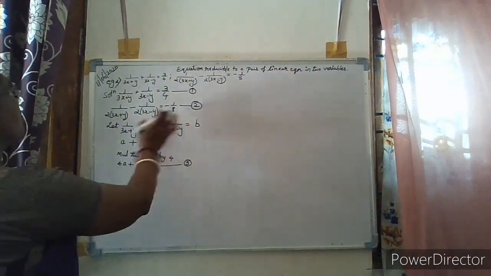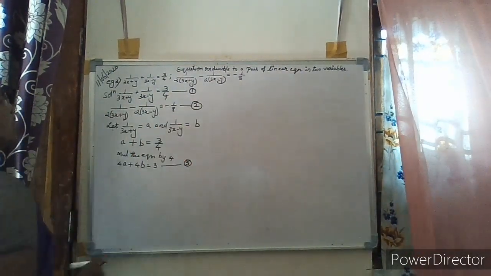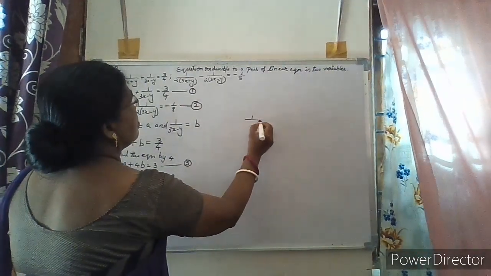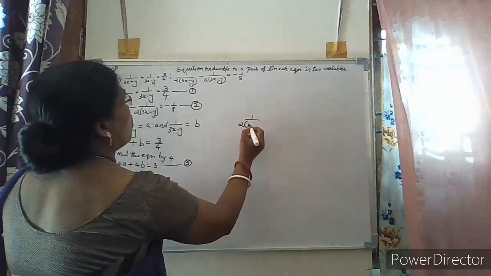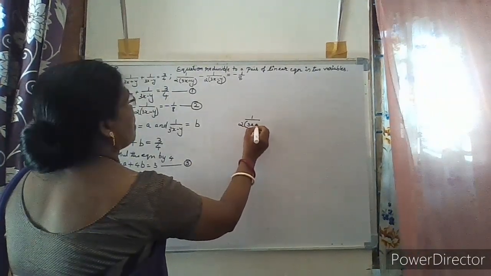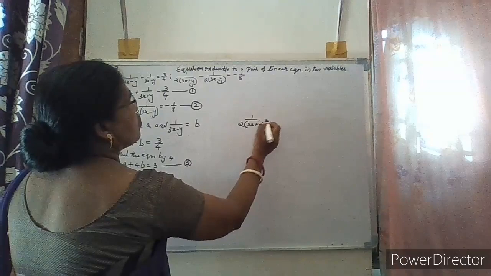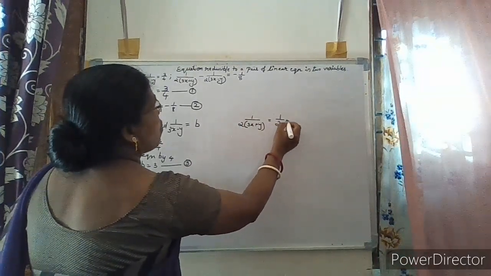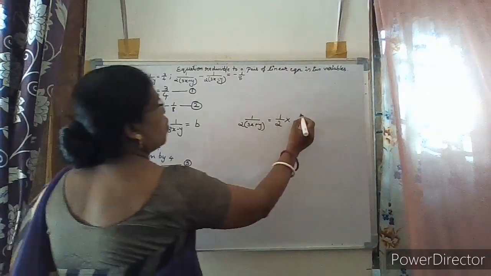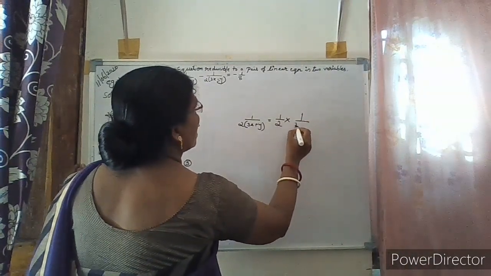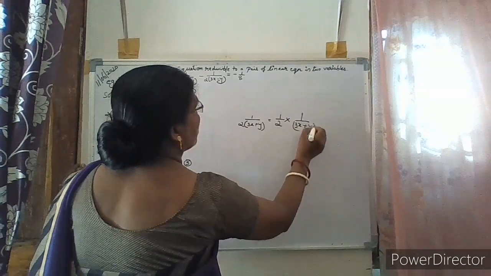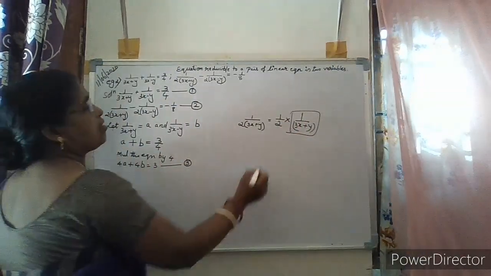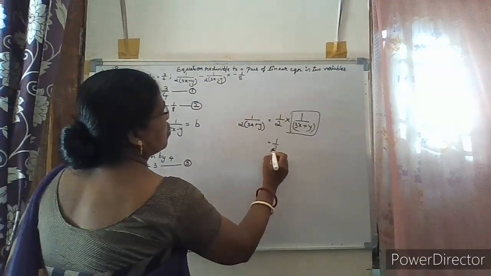Come to the second equation here. Again this whole thing, look here, it is 1 by 2 into 3x plus y. So this whole thing can be converted as 1 by 2 into 1 by 3x plus y in this form. So this whole thing can be substituted as a. This is equal to 1 by 2 into a.